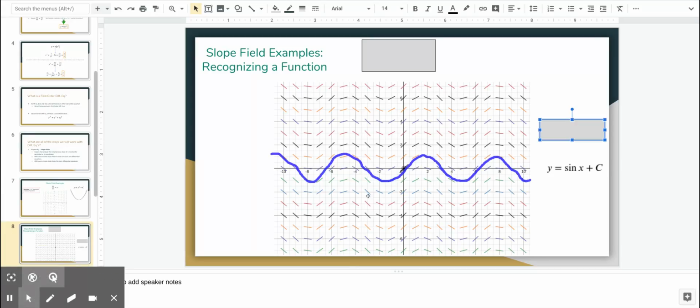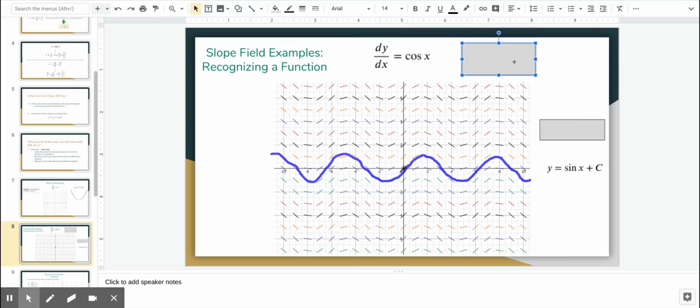Okay. Another thing you might have to pick out is, well, right, what differential equation is represented by this slope field? And so since we know the function itself, we could just take its derivative, and hopefully we all know that that is cosine. But maybe we didn't start with this at all. Maybe this was the only thing we were trying to find, is what differential equation is represented by this slope field, and it is cosine itself.